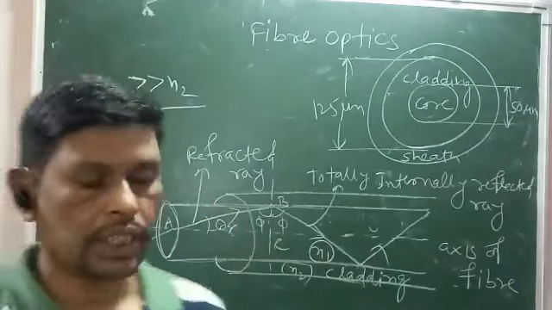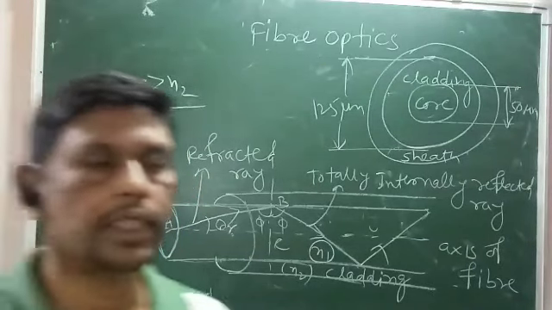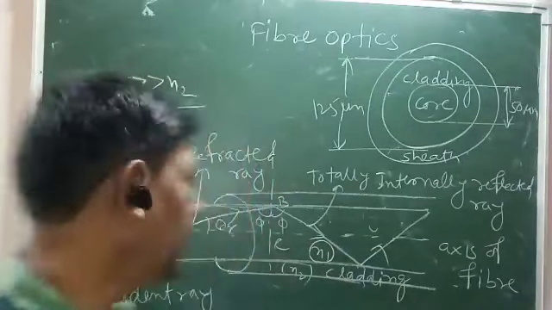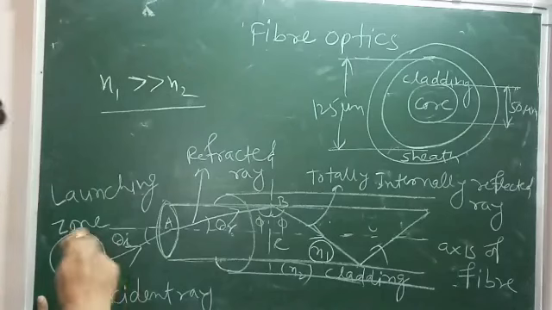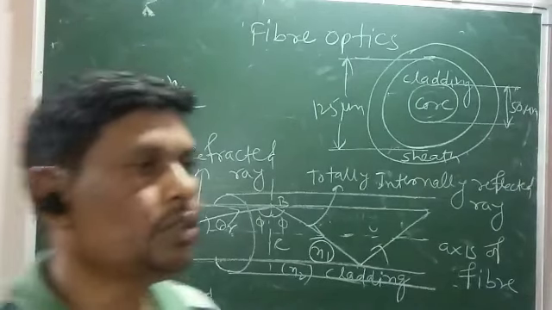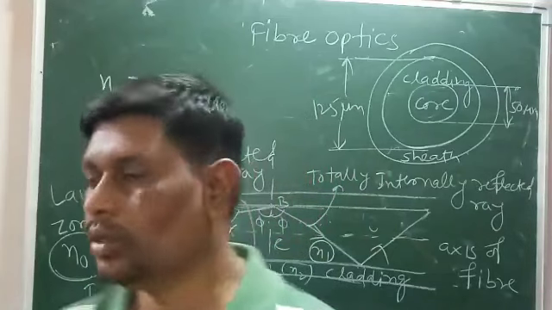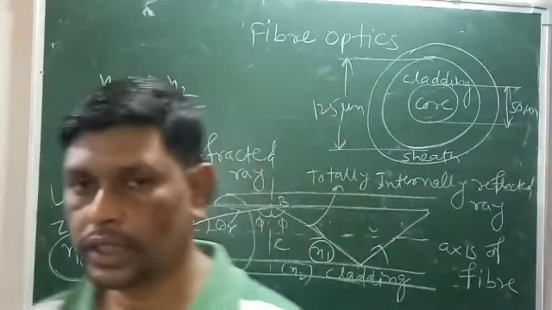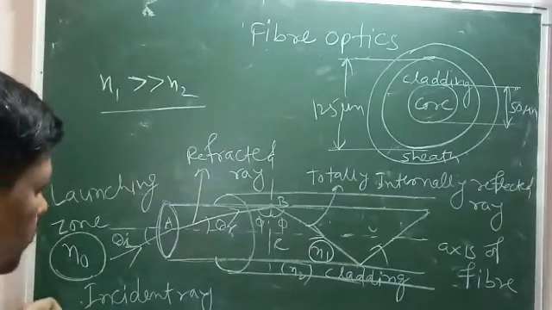So the incident angle is made by the fiber axis and the incident ray. Here n0 is the refractive index of the launching zone. Generally the launching zone is air, so the value of n0 is 1 for the air medium.